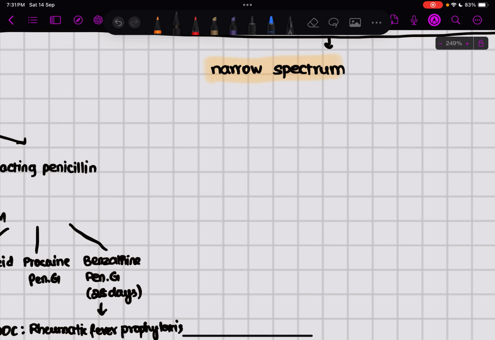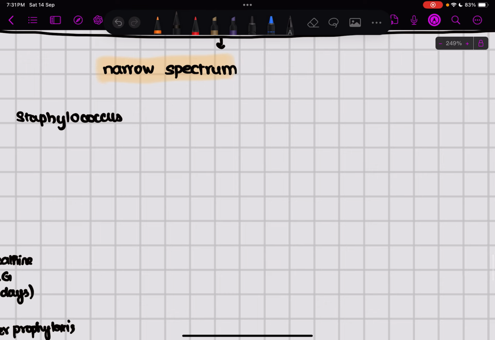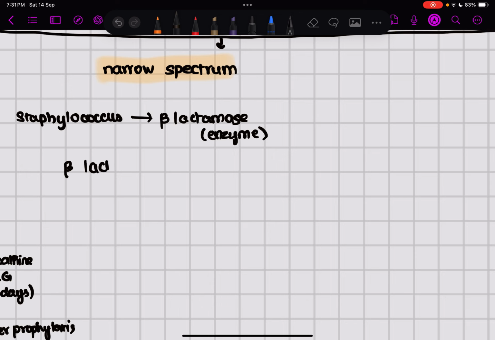So Staphylococcus developed resistance. How they did it is that they synthesized beta lactamase. It is an enzyme which breaks down the beta lactam ring. Penicillin is a beta lactam.